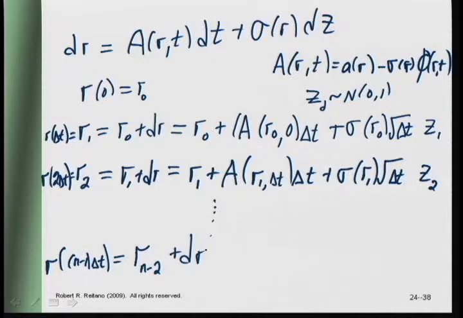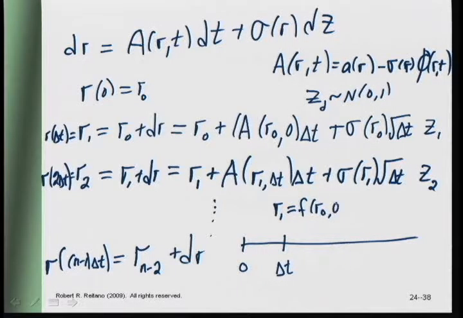The only thing is that each of the coefficients of our stochastic process needs to be evaluated at the prior point in time. So on a timeline, we have 0, and to get the value at time delta t, R1 is a function of R0 and 0. We have to use R0 and time 0 in all of our functions.